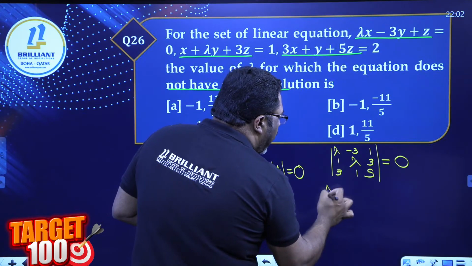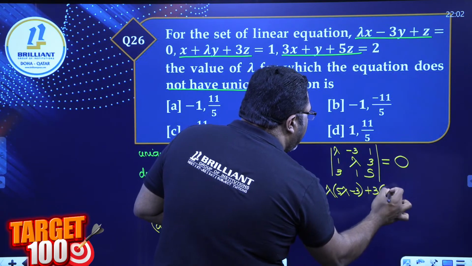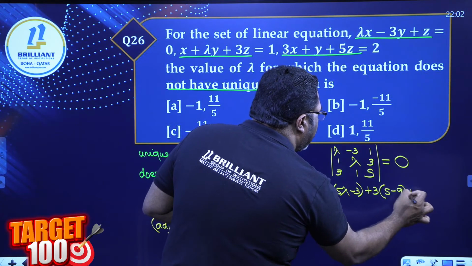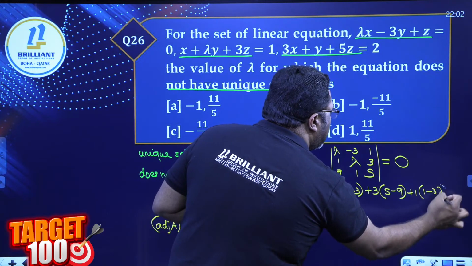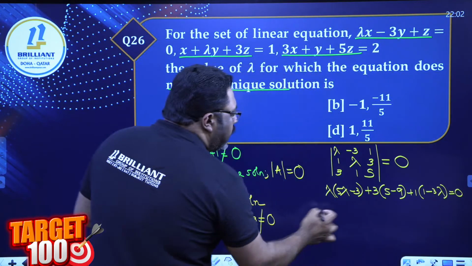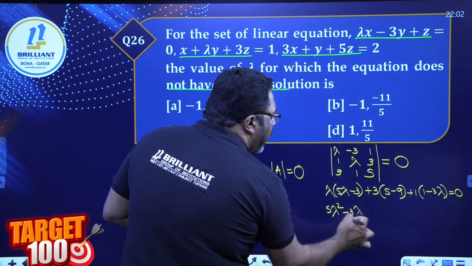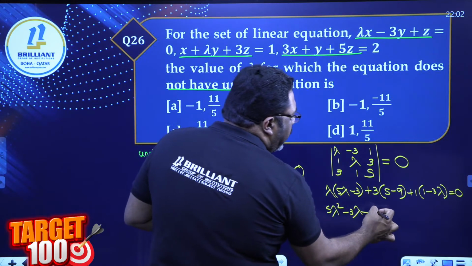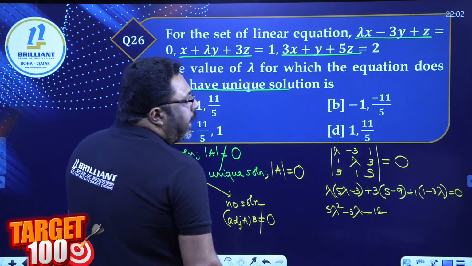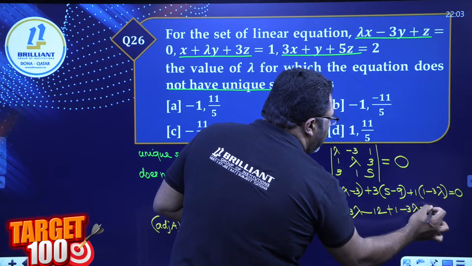Solve it. Lambda into 5 lambda minus 3, plus 3 into 5 minus 9, plus 1 into 1 minus 3 lambda, equal to 0. It's going to be 5 lambda squared minus 3 lambda, minus 5 minus 9 is minus 4 into 3 is minus 12, and then plus 1 minus 3 lambda equal to 0.